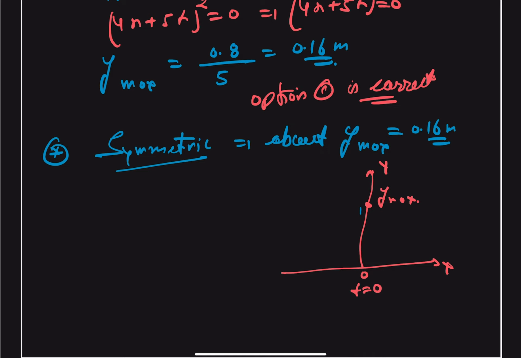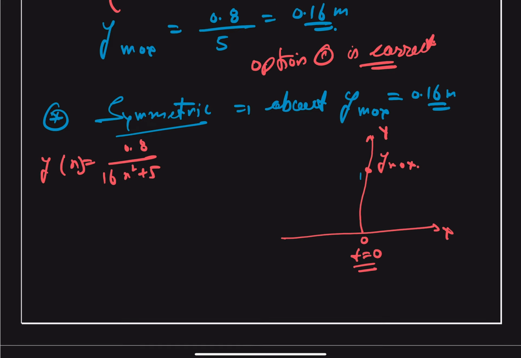We are going to modify the given equation for time t equal to 0. We can write the given equation as y of x equal to 0.8 divided by 16x square plus 5, and if we substitute x by minus x, the equation still comes as 16x square plus 5.